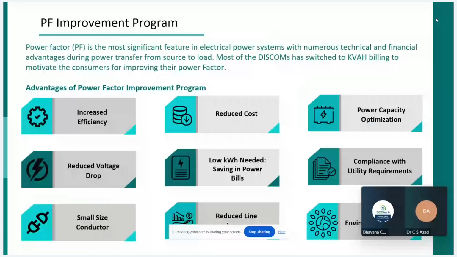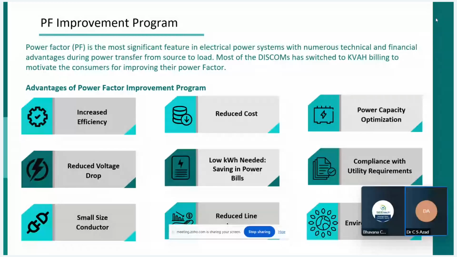Okay. We are all aware of power factor improvement. What are the advantages of power factor improvement? These power factor penalties and power factor incentives help the discoms with power capacity optimization.